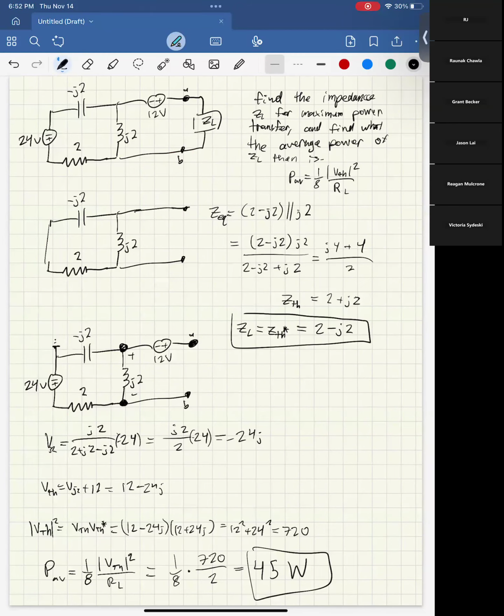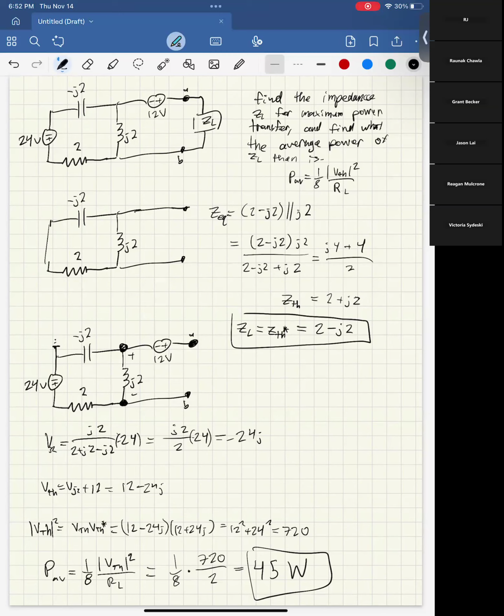Okay, I still have more time, so I'm just going to do one or two more questions. Could you find the complex power using that formula with the ZL instead of RL? I don't think so. I'd have to go through and check, but I don't think it works.